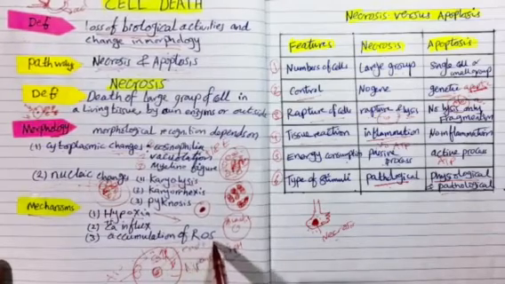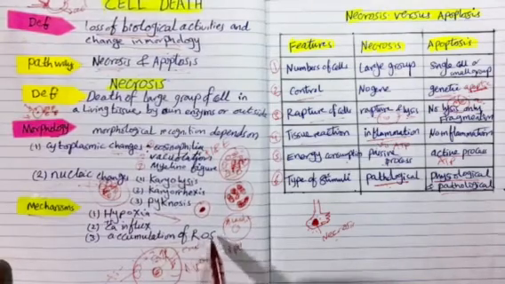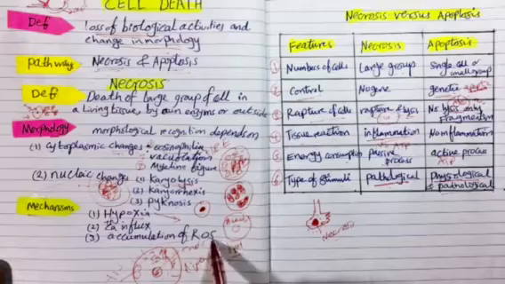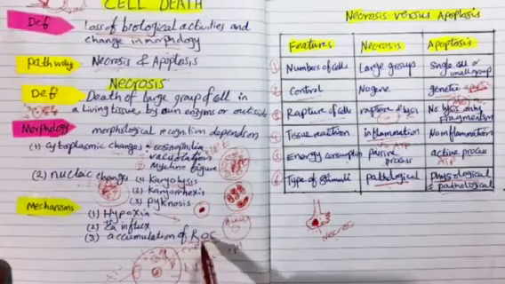The last point is accumulation of ROS. What does ROS mean? Reactive oxygen species. R stands for reactive, O for oxygen, S for species. These are free radicals.